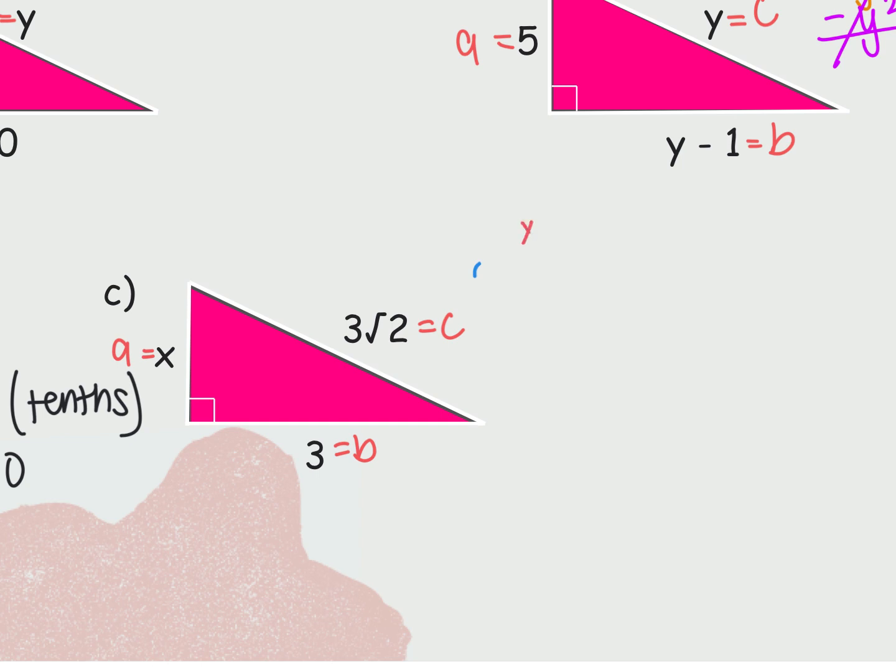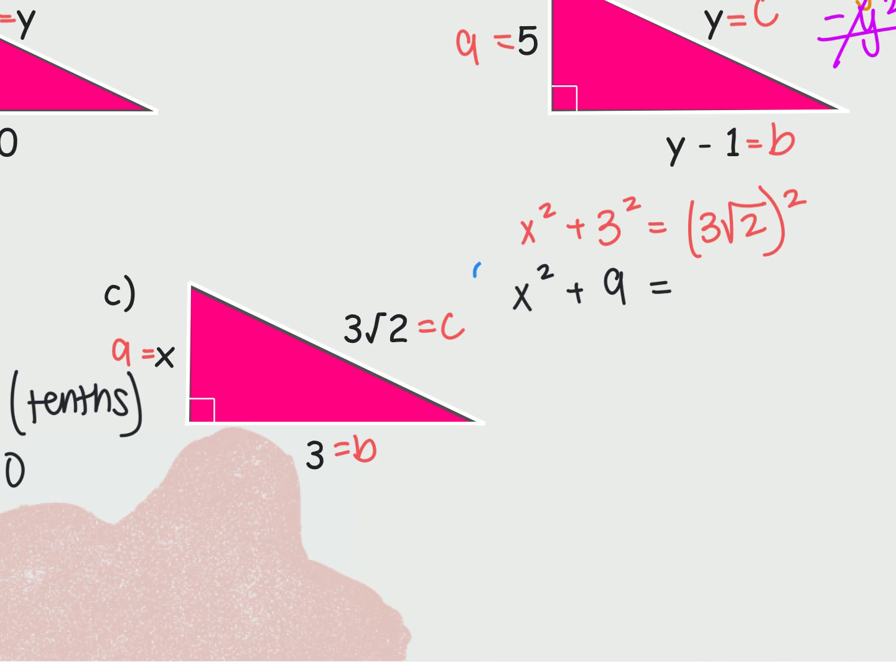I have A squared plus B squared equals C squared. All right, solving it out. I cannot do anything with this x squared. What's 3 squared? 9, and then I have 3 square root 2 with everything squared. What would that be? Wouldn't be 3.